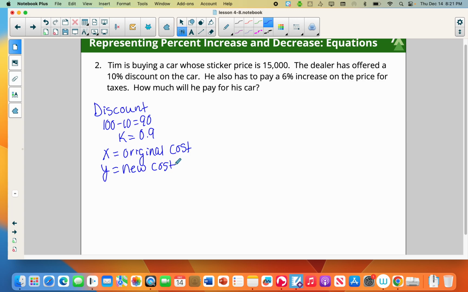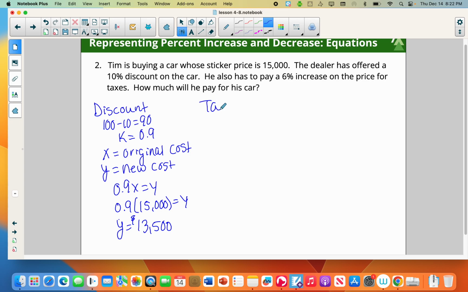So the equation 0.9x equals Y. And we know X is 15,000. So 9/10 times 15,000 is $13,500 that the car is on sale for.